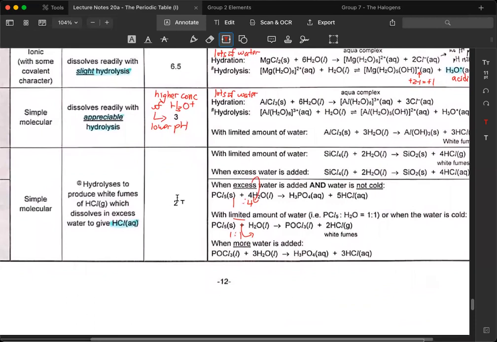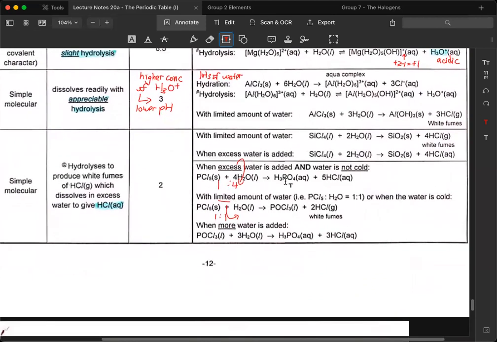As for PCl3 and PCl5, with excess water and the water is not cold, then you will have H3PO4 and HCl. When it's 1:4, which means you have a lot of water present, the mole ratio of water is much more, so you are able to form phosphoric acid and release HCl.